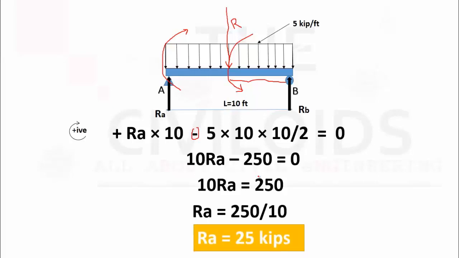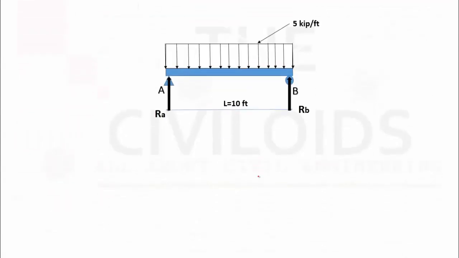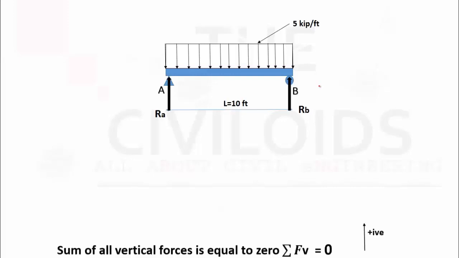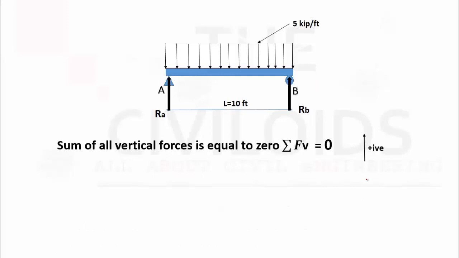Now to find the other reaction RB, we have to use the second equation of equilibrium, that is sum of all vertical forces equal to 0. Here we have also to specify positive direction of the load. Here I have taken upward acting load positive and downward acting load negative.